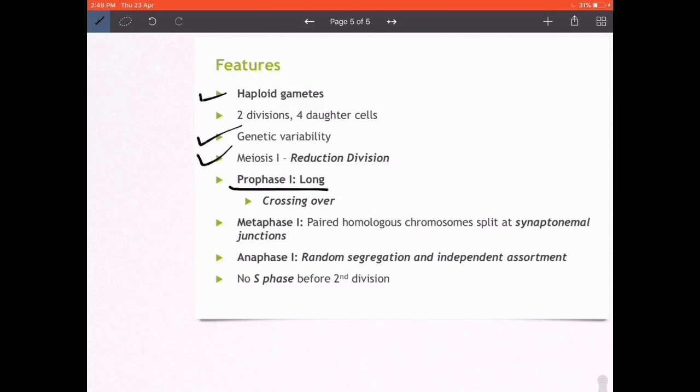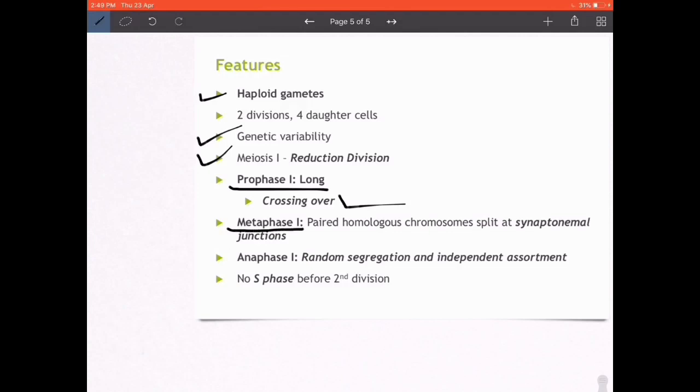In these phases, the coiling, supercoiling, and condensation continues, but also what happens is formation of synaptonemal junctions where homologous chromosomes come together, formation of chiasmata where certain segments of the chromosome cross over each other and exchange segments, thus inducing genetic variability.